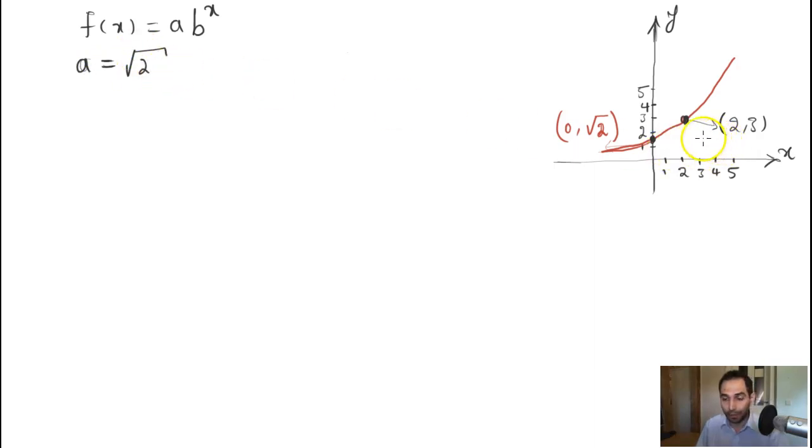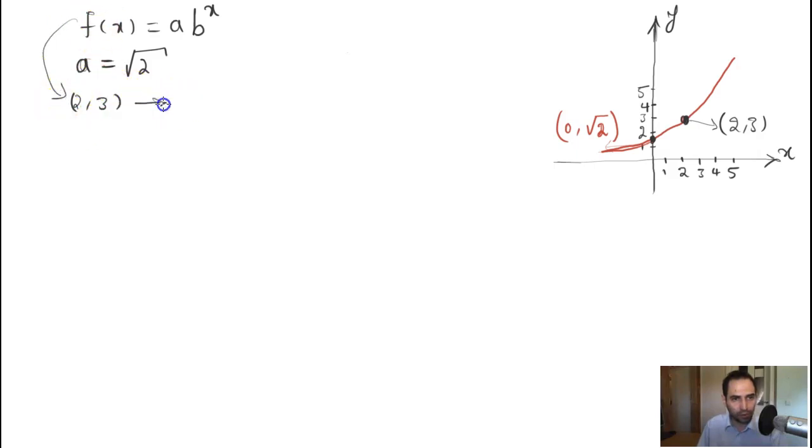Now in order to write the equation, I need a and I need b as well. So what is my b? In order to find b, I have another point on the graph of this function, which is 2, 3. I can use this point and write this equation.